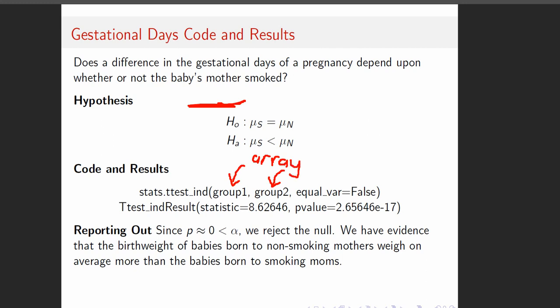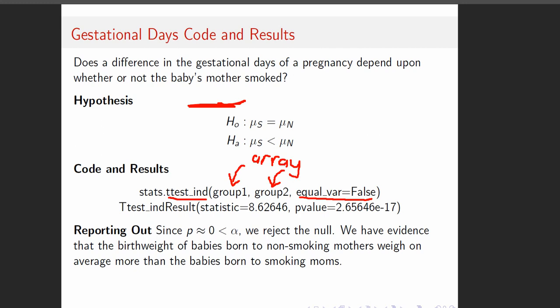I told you that equal var equals false, we're just always going to use that. Please remember that stats.ttest_ind is the one we're going to use for the two-sample t-test. Why? Because one of the assumptions in the test is that the two samples are independent, that a research subject could not simultaneously be in both, can just be in one or the other.